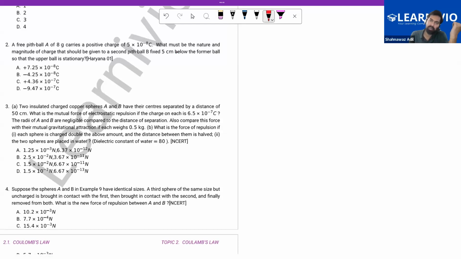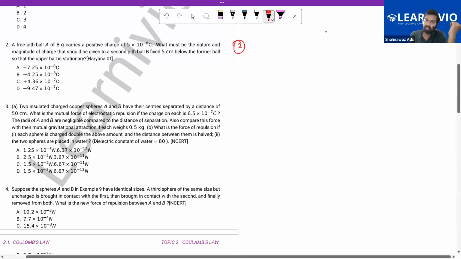We have two pith balls, right? Let's say this is one pith ball, and this is the other pith ball, and the separation between them is, let's say, 5 centimeters.